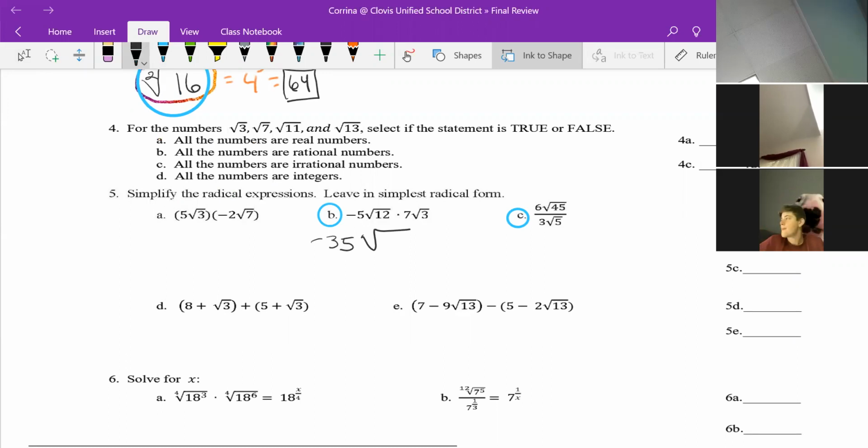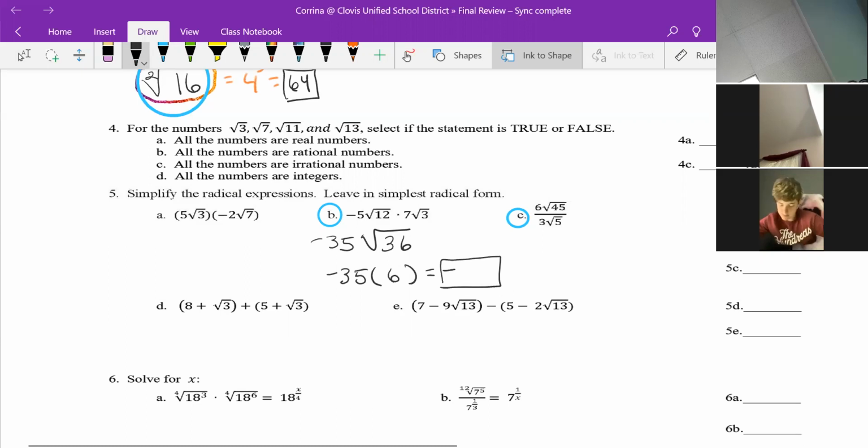I'm just going to multiply because it might come out to be a perfect square. What's 12 times 3? 36. 36, and that's good because it is a perfect square. So we have 6. Negative 35 times what? 6. Okay. And then you multiply those together and you get a negative number. Okay.